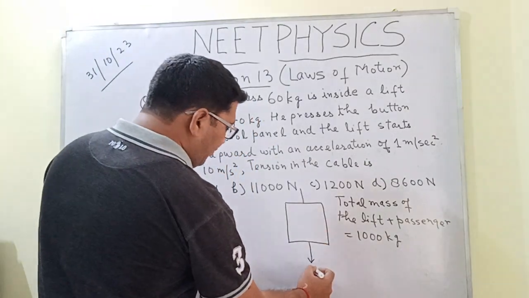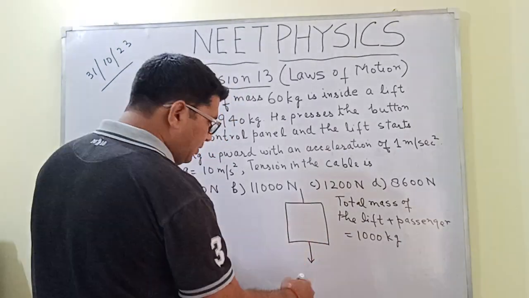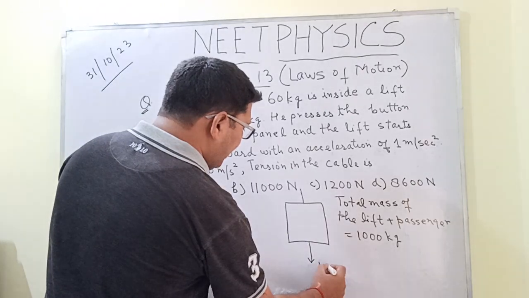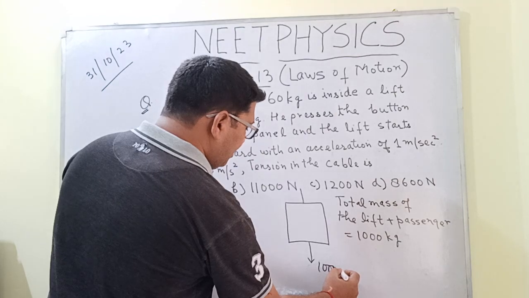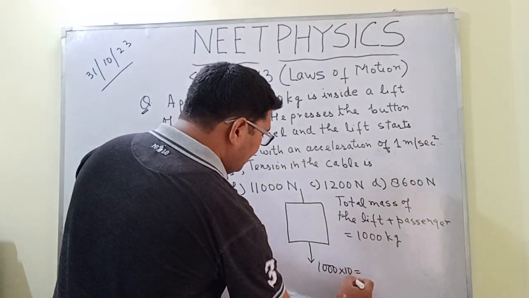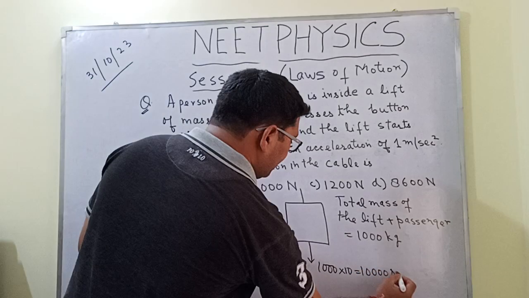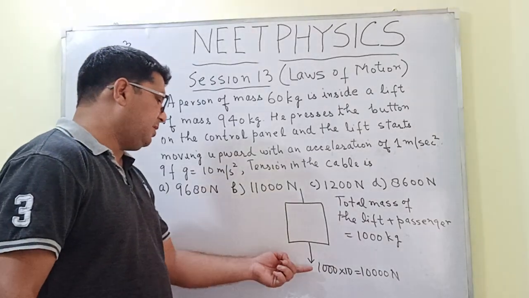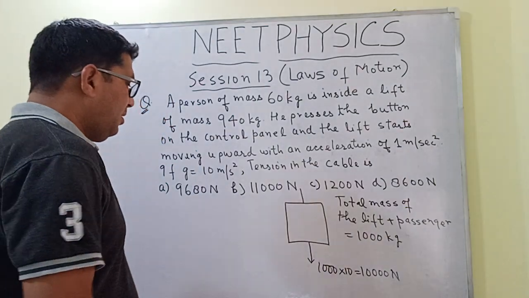So the weight will now be acting in the downward direction. Since g is equal to 10, the weight is equal to 1000 into 10, which is equal to 10,000 Newton. So 10,000 Newton is the magnitude of the force which is acting in the downward direction.